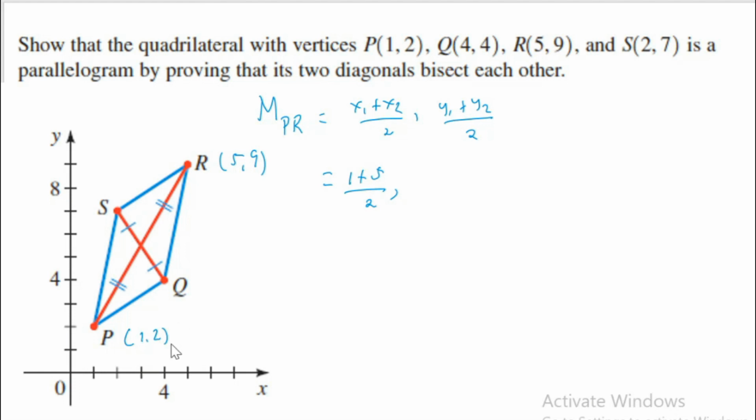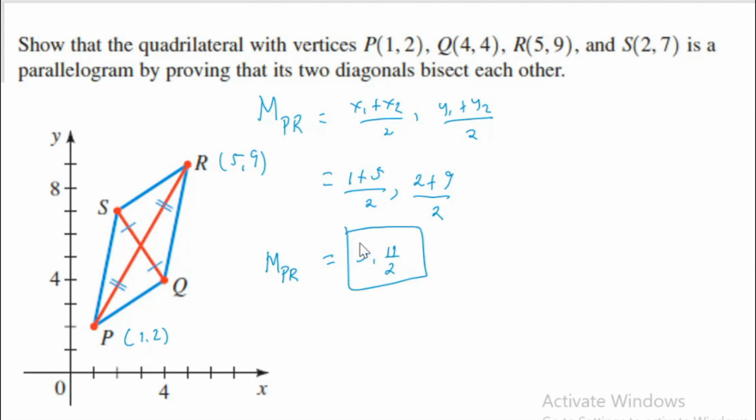Then in terms of y, we have y sub 1, which is 2, plus y sub 2, which is 9, all over 2. Simplifying further, 1 plus 5 is 6, and 6 divided by 2 is 3. And 2 plus 9 is 11, so 11 over 2 is not a whole number, so we just write it as a fraction. So the midpoint of the line PR, or the diagonal, is 3, 11 over 2.